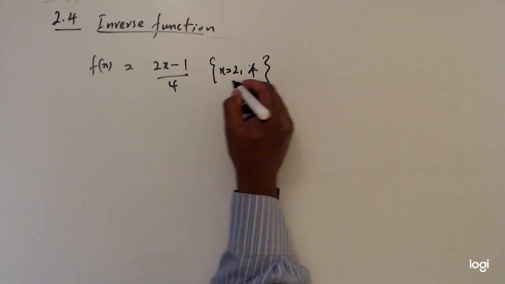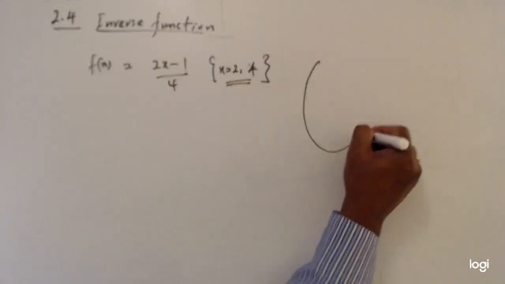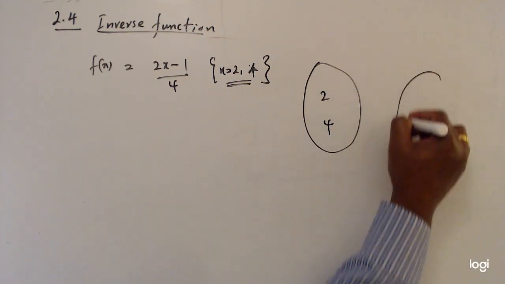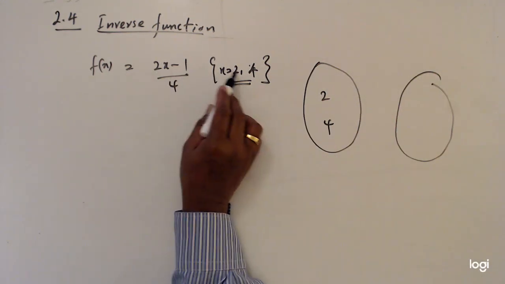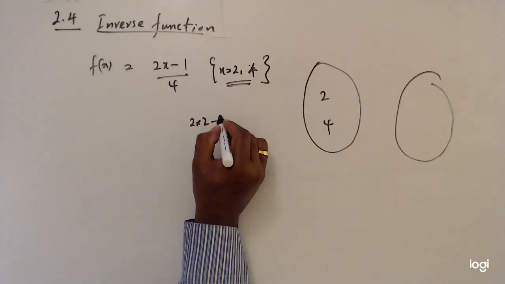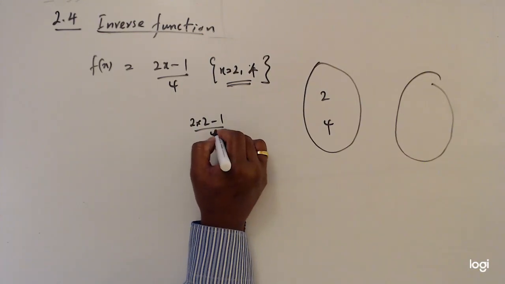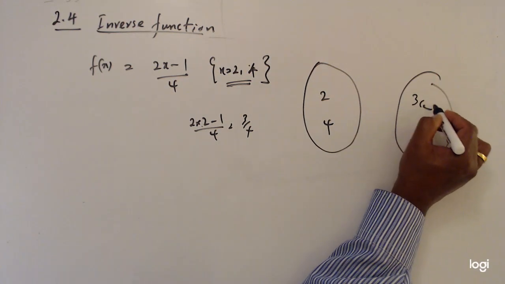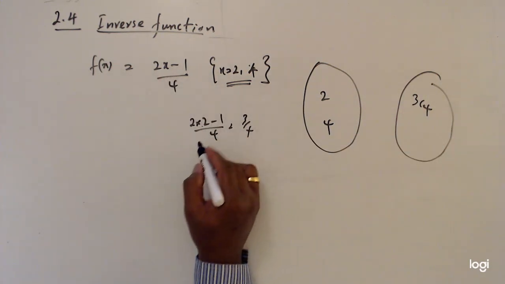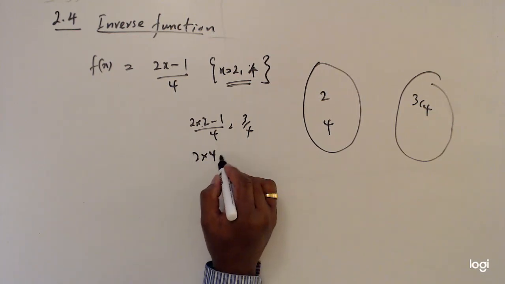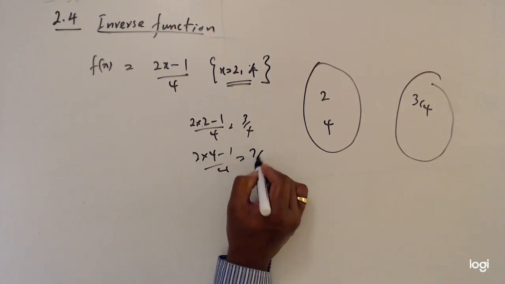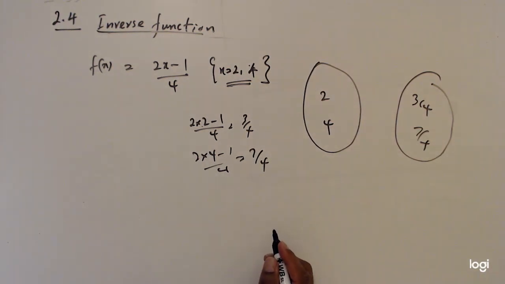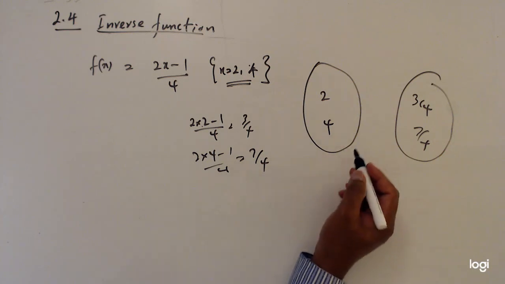So those are the domain, 2 and 4. Then what is the range going to be? When you put 2, 2 times 2 is 4, minus 1 is 3, over 4, 3 over 4. When you put 4, 2 times 4 is 8, minus 1 is 7, over 4. This is the function.